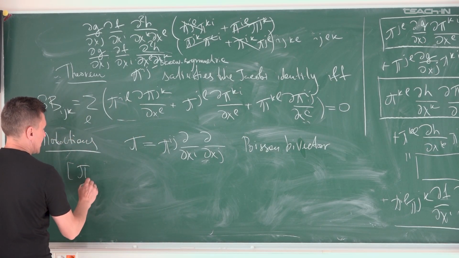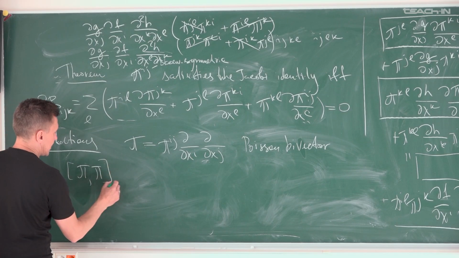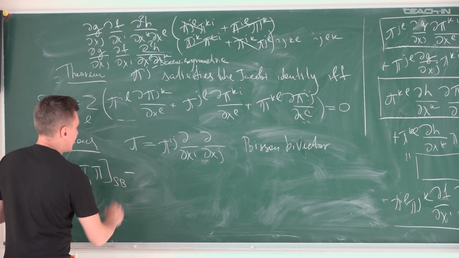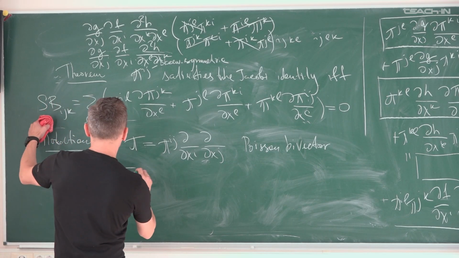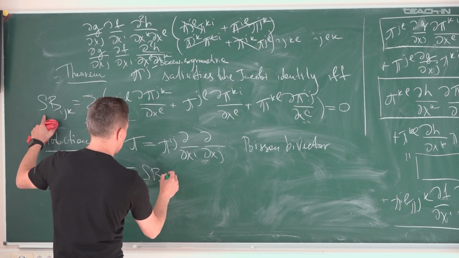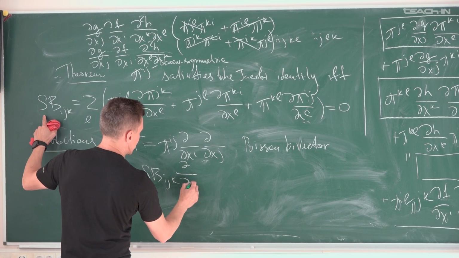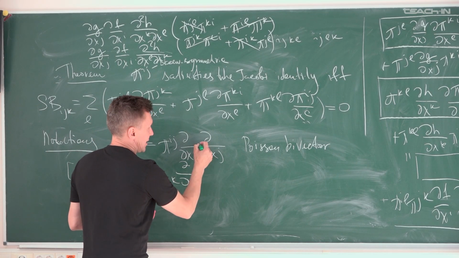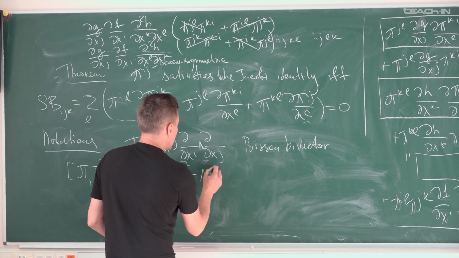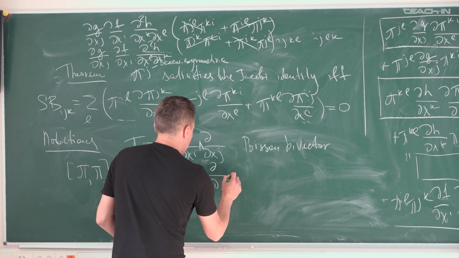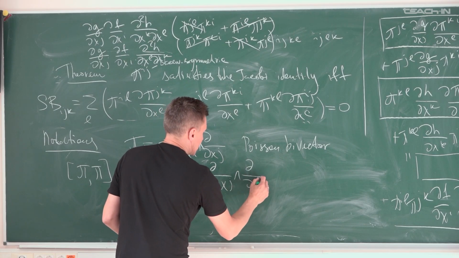And it is the Schouten bracket. It will be a three-vector, which is pi upper indices ijk, d over dxi, I'd like to write down here the wedge symbol, d over dxj and d over dxk.